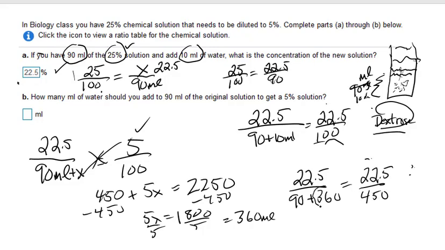This is the answer. And this 22.5 over 450 is the same as 5 over 100.